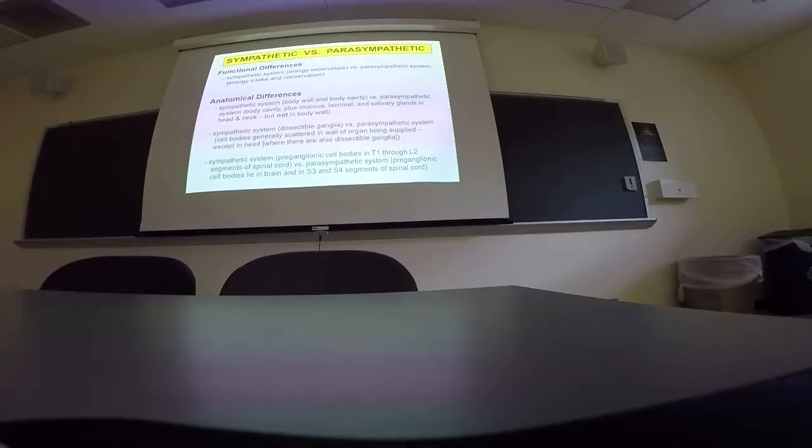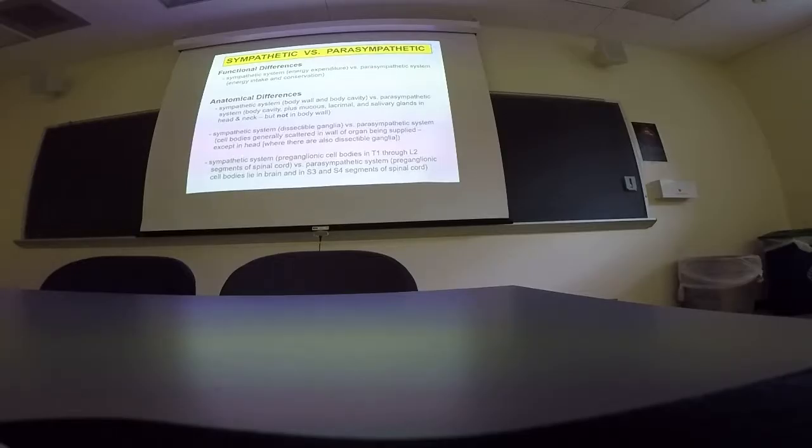There are some dissectable parasympathetic ganglia in the head, and you've seen some of them, right? There was that little otic ganglion in there, and then there's a variety of ganglia that you'll see when you go under the tongue. So we couldn't find parasympathetic ganglia in the abdomen and in the thorax, but you will find them in the head.